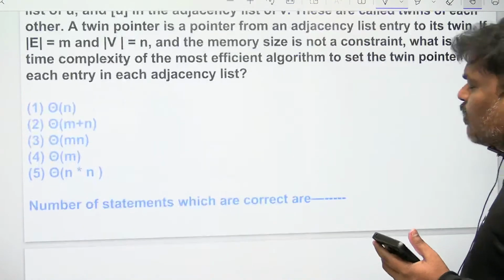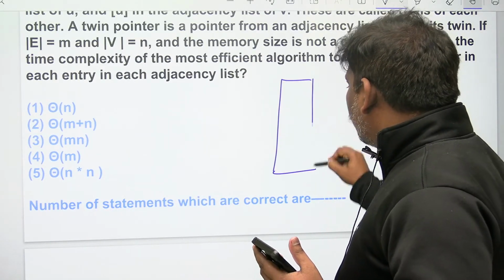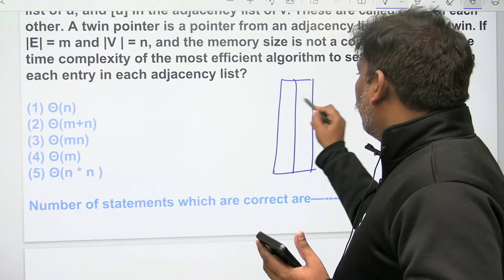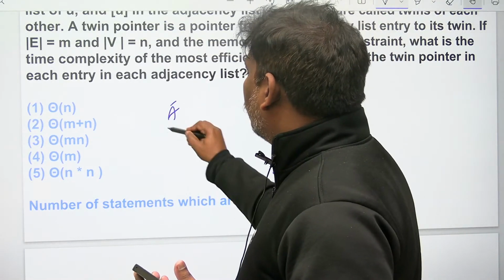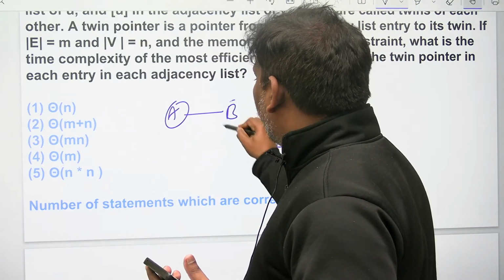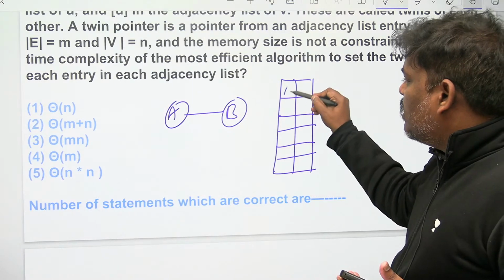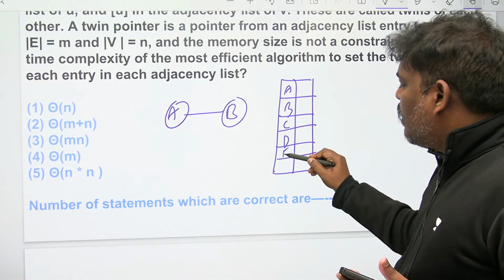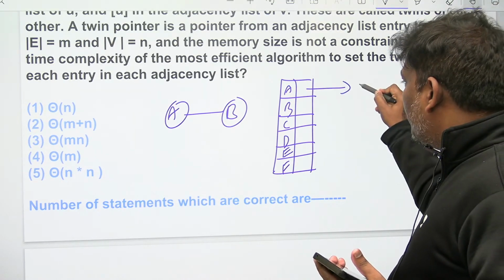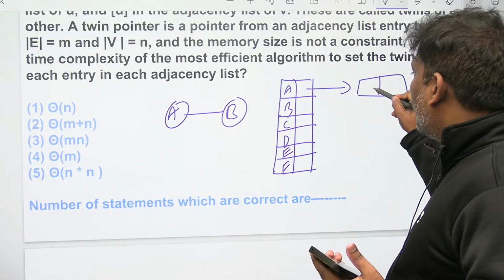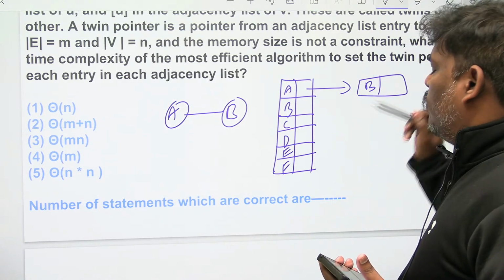I think I explained this one many times in the class, and many times in the normal lectures also. Suppose in the undirected graph we have vertices A, B, C, D, E, F. A is adjacent to B, so for B you create one node.